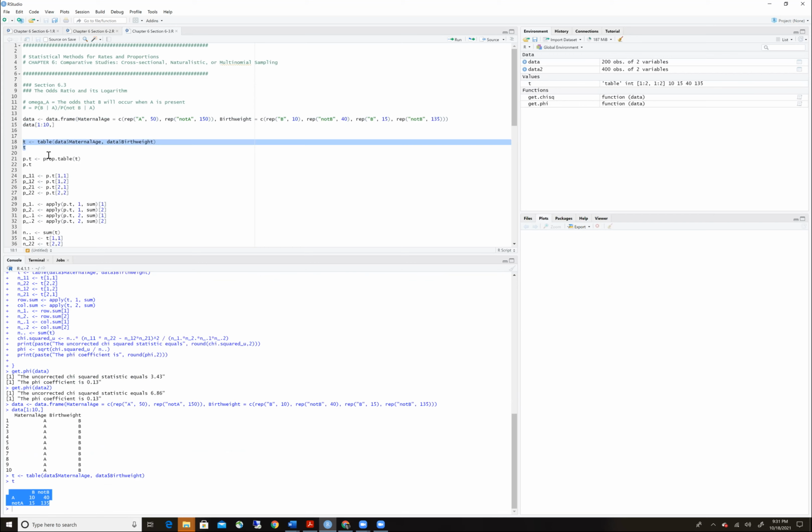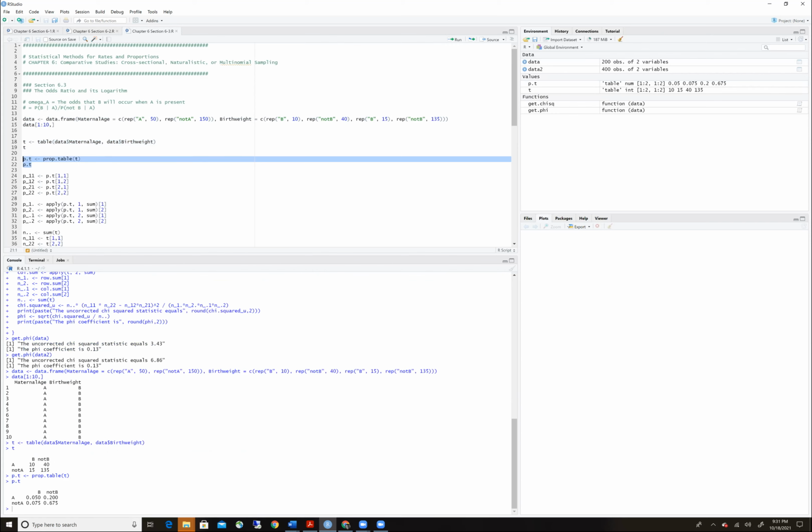And we could create PT, which is the joint proportion table, right? So this tells you the joint proportion of not being in A and not being in B is 0.675.